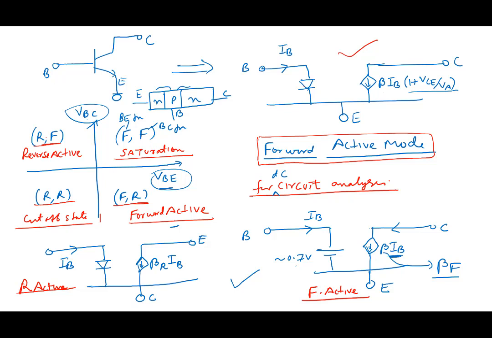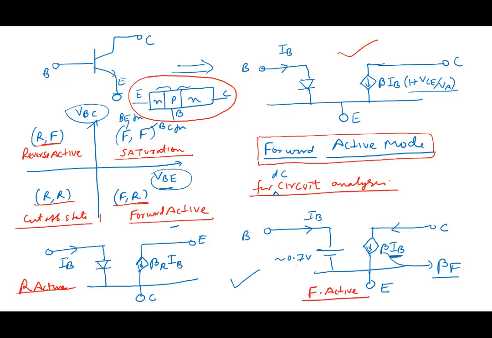Both are very similar, except that collector and emitter have been interchanged, right? Now, focus on the transistor. Emitter is N, base is P, and collector is N. Both emitter and collector are N types, and base is P type. So it appears that I can interchange them, right?